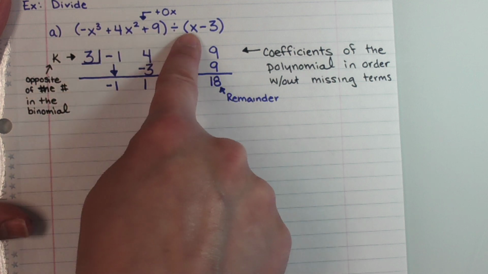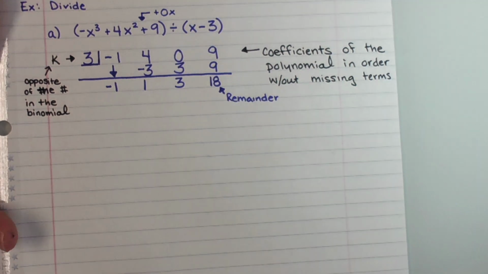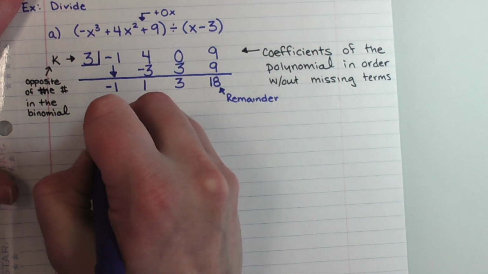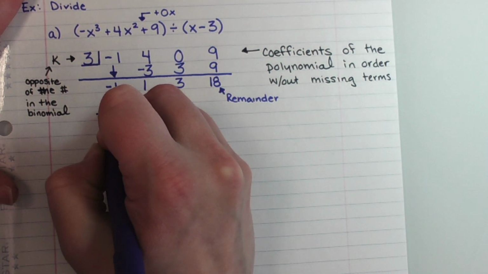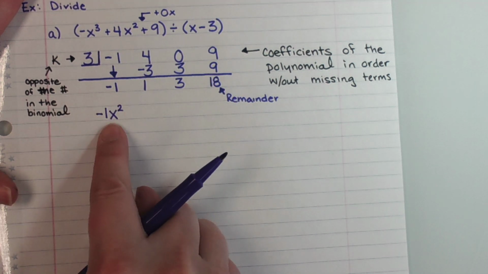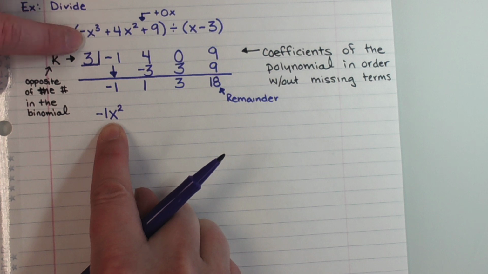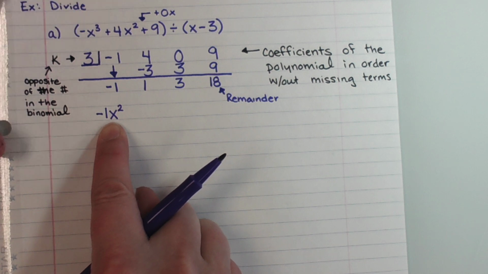Because x cubed divided by an x is going to be x squared. So, our final answer, negative 1 in front of x squared, always starts the power 1 smaller than what you were dividing by.